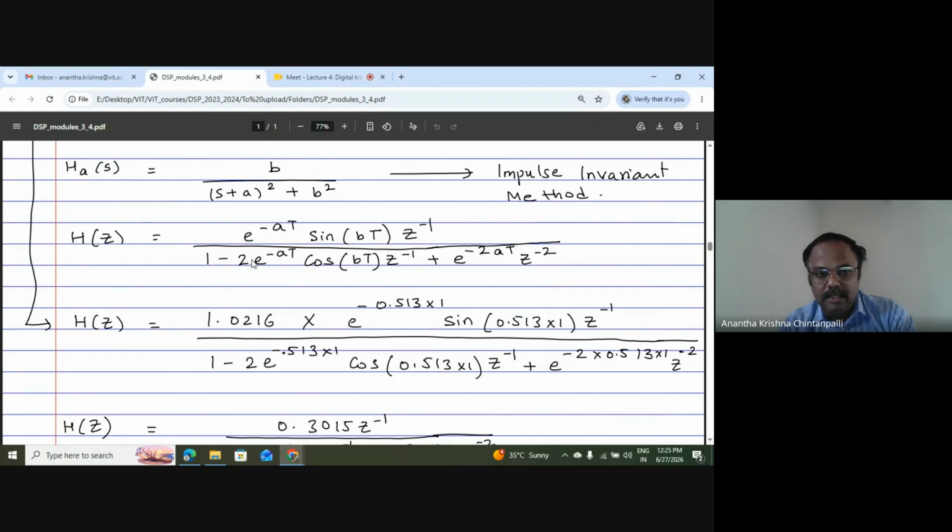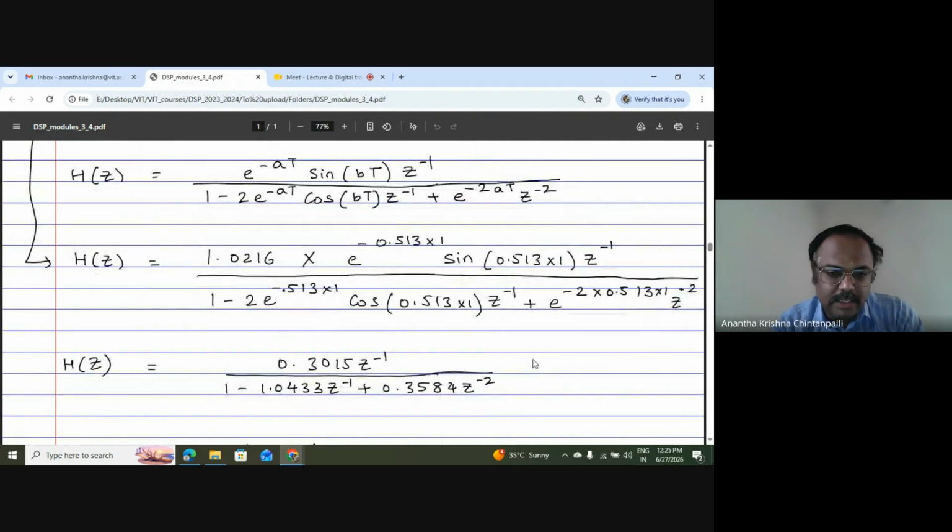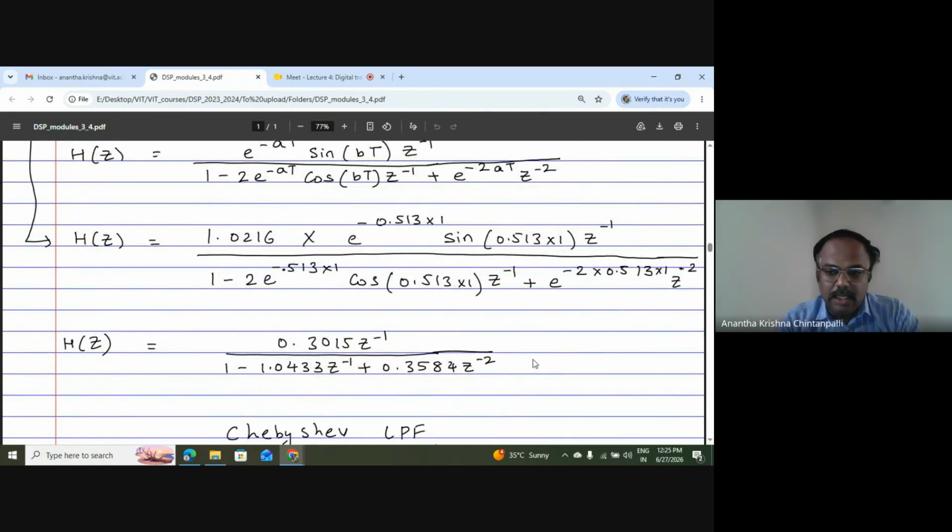This is the numerator, and similarly you have to do the same thing for the denominator. Finally you get this answer. So your H of z is going to be this expression. What we have done is that we have designed a transfer function H of z for a given specification, either through a bilinear transformation or the impulse invariance method.